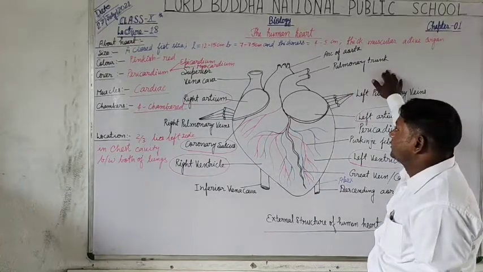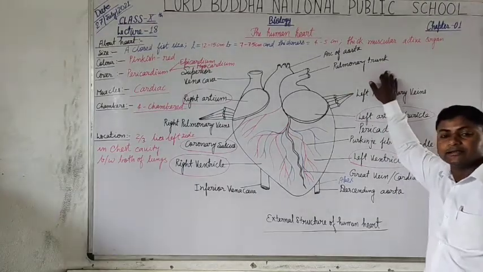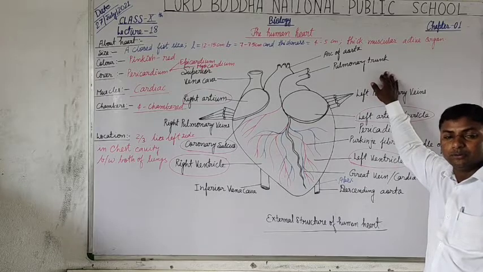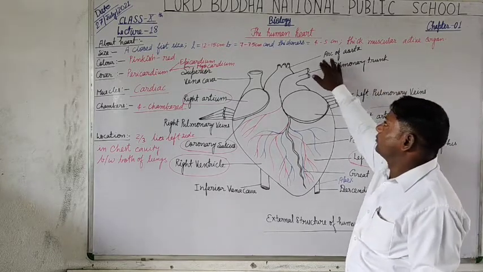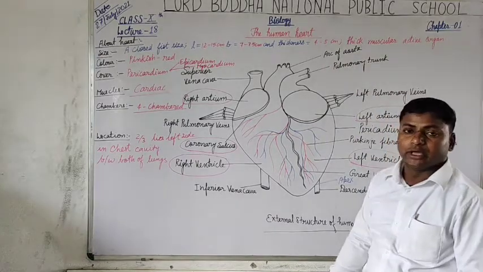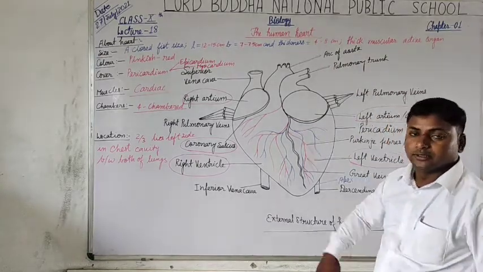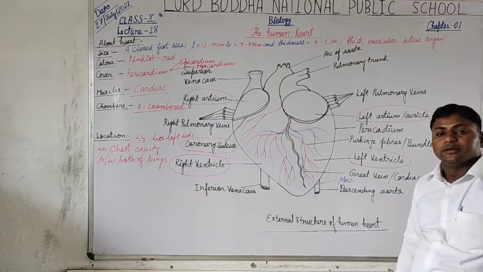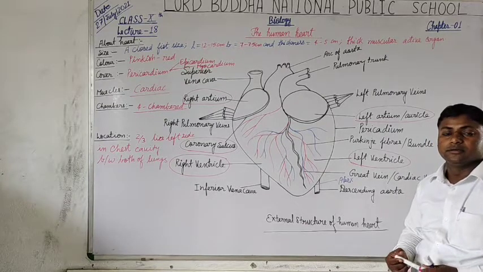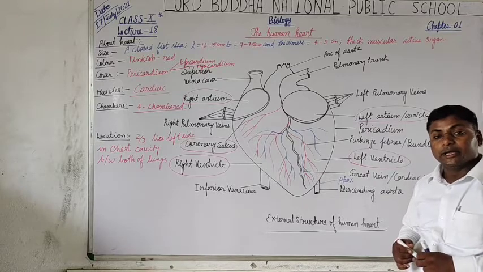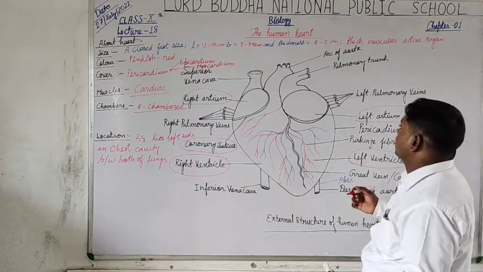Pulmonary tract, it carries the oxygenated blood to the whole parts of the body. And here is the arch of aorta. It also helps in the distribution of the blood to the remaining parts of the body.